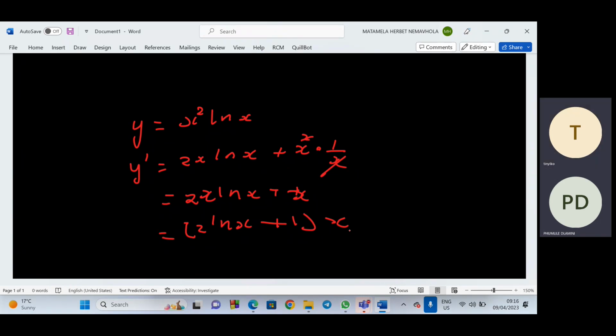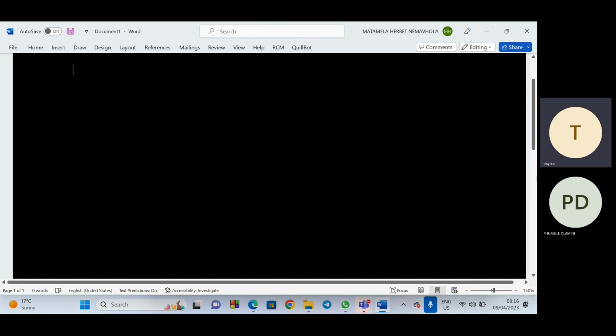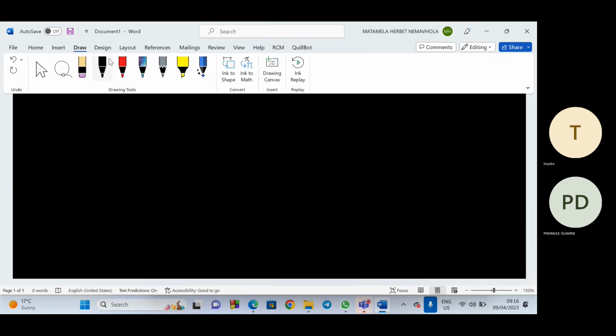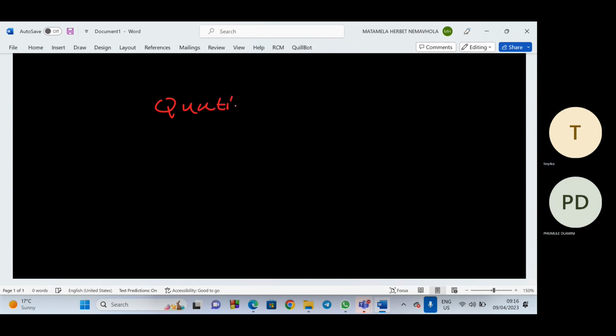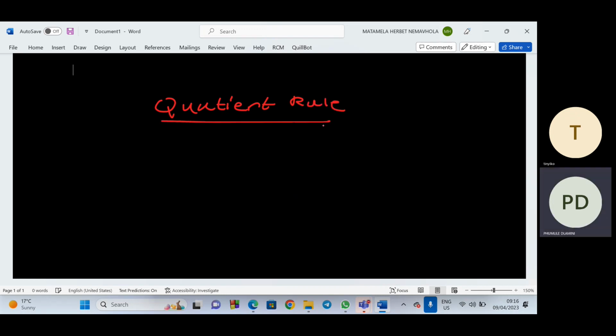So we have talked about the product rule. I'm going to go to the quotient rule. The quotient rule is when you are dividing.